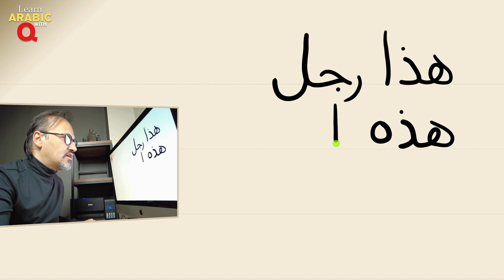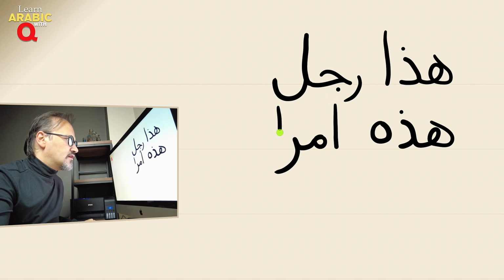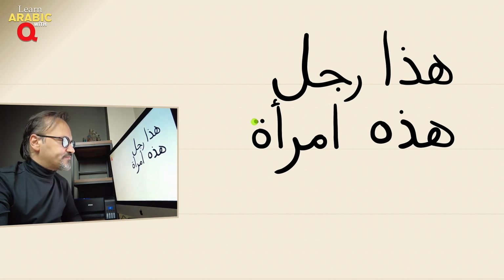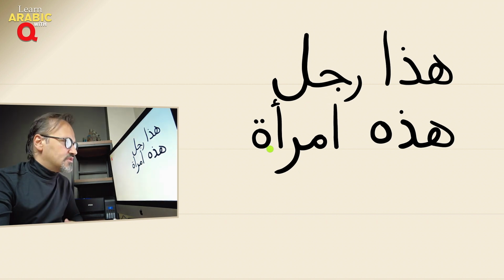Now here we have ra. Again, we have another alif with a hamza, imra'a, and it ends with this usual connect. This is the circular te, and it's always indicative that this is a feminine.